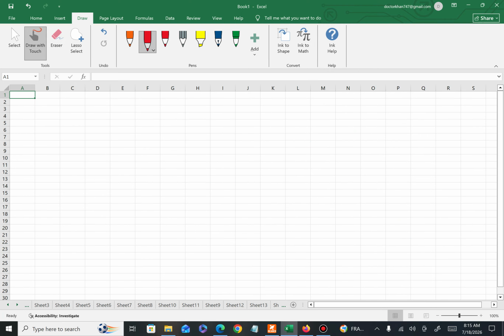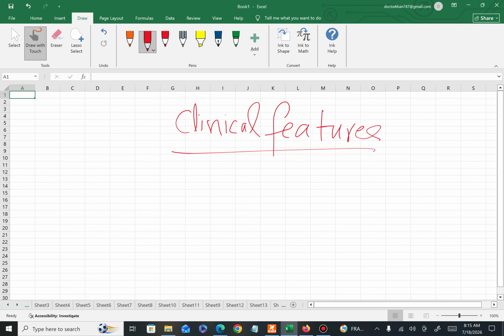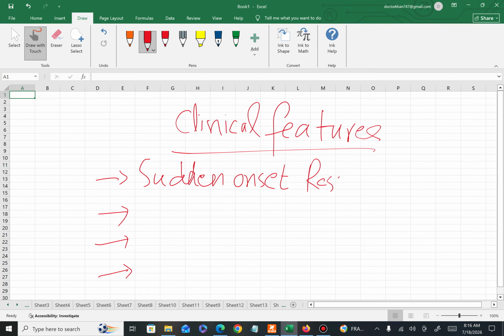Now, what will be the clinical features of the venous air embolism? As in venous air embolism there is right ventricular outflow tract obstruction and a decrease in pulmonary blood flow, it can cause sudden onset respiratory distress.